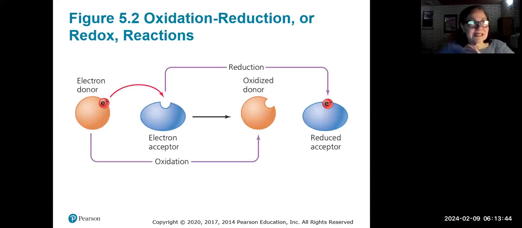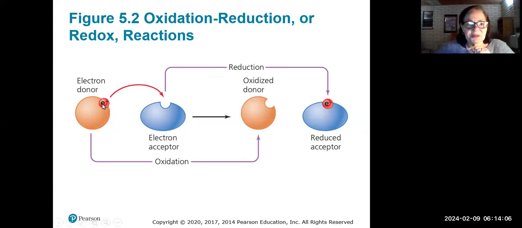And the simplest diagram of an oxidation reduction reaction, a redox reaction, is as simple as this. There's an electron donor, which has the electron, and it transfers it to the electron acceptor. This is where the terms get confusing.